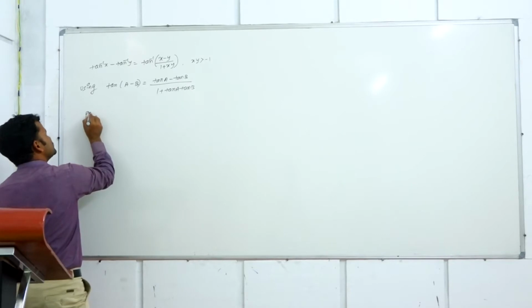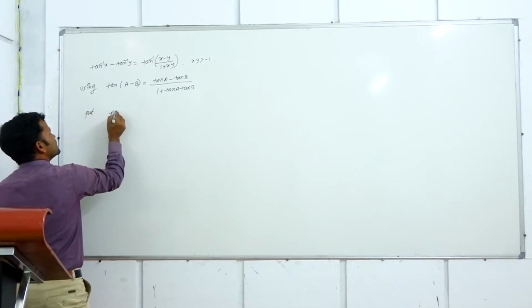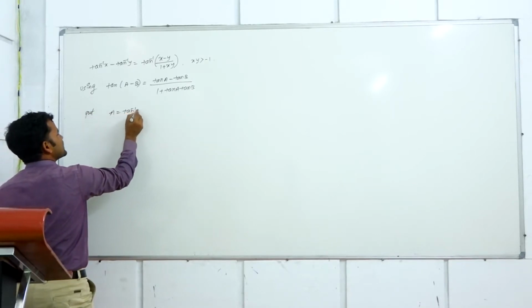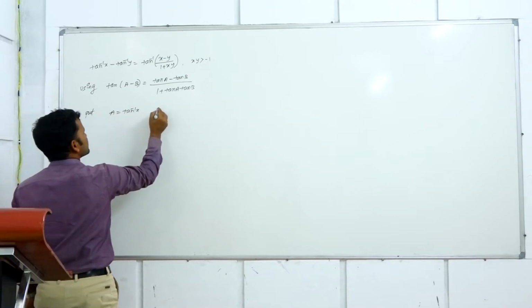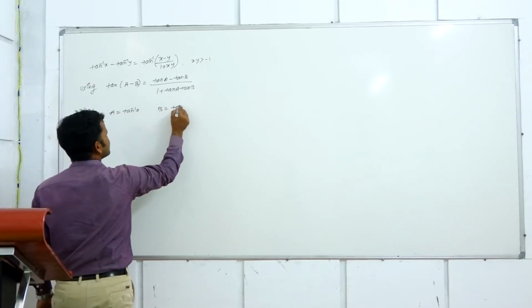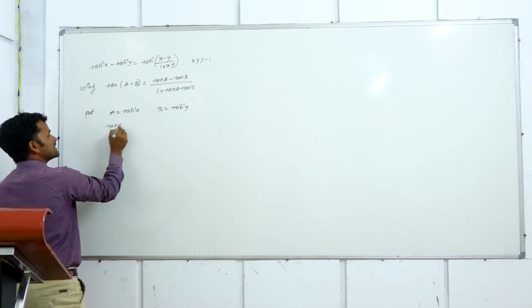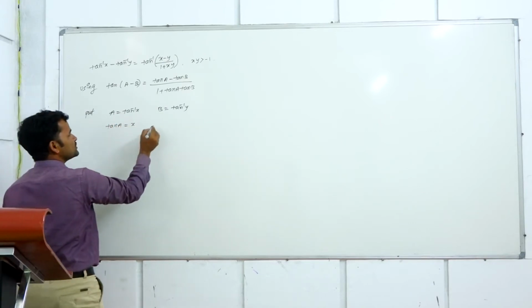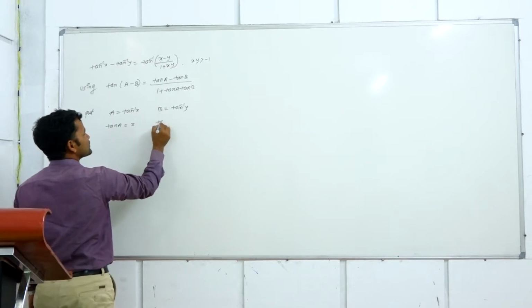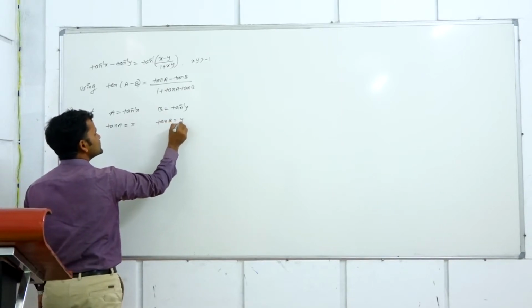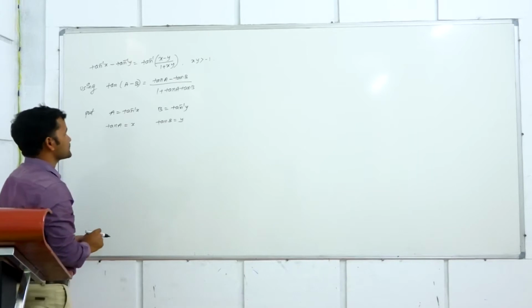You substitute a is equal to tan inverse of x and b is equal to tan inverse of y. A is equal to tan inverse of x can be written as tan a is equal to x. B is equal to tan inverse of y can be written as tan b is equal to y.